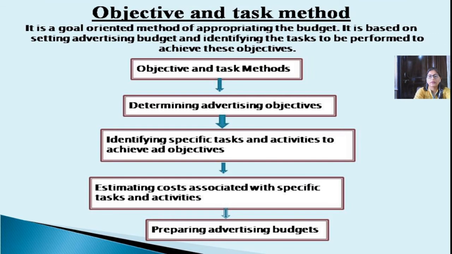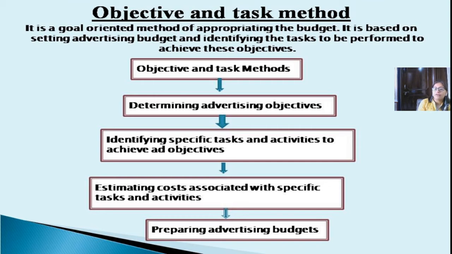Then is objective and task method. Here, it is a goal-oriented method of appropriating the budget. It is based upon setting advertising objectives and identifying the tasks to be performed to achieve the objectives. It is like a plan. First we have to define the objectives and tasks to be done.